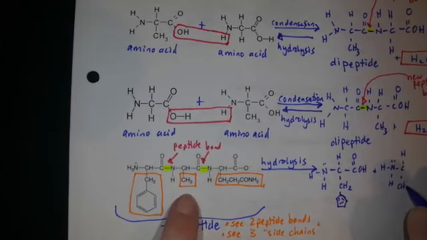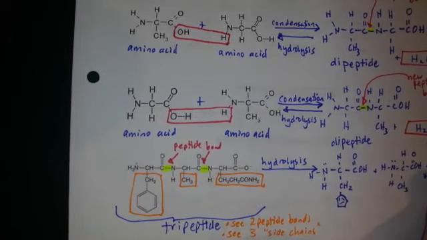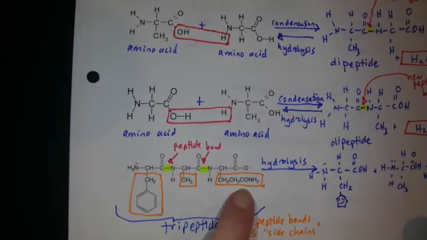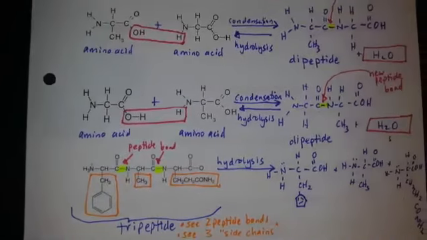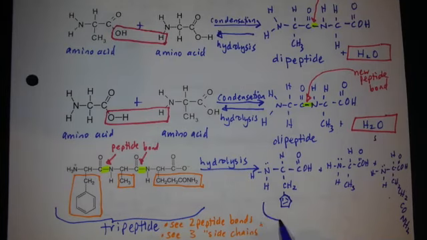Here's this side chain. And the third amino acid will be amine, carboxylic acid, H in the side chain, this long side chain, like so. So 3 separate amino acids.